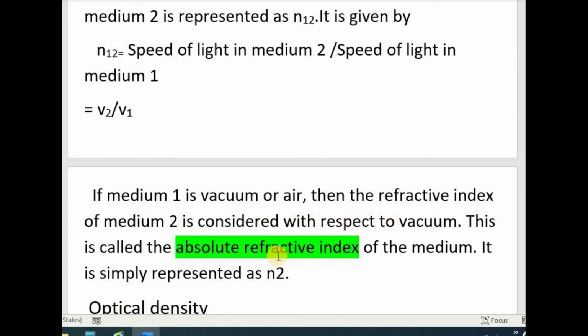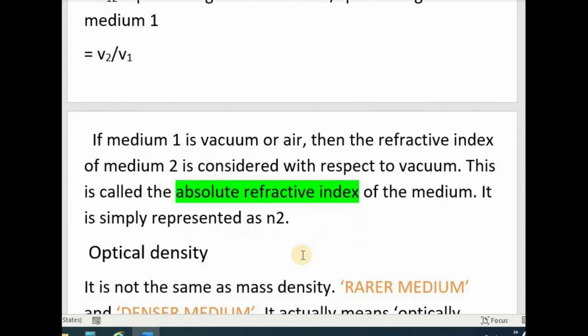This is called the absolute refractive index of the medium. It is simply represented as n2. What is meant by absolute refractive index? If medium 1 is vacuum, if the light ray is propagating from air to any other medium, then the refractive index is given by the absolute refractive index.